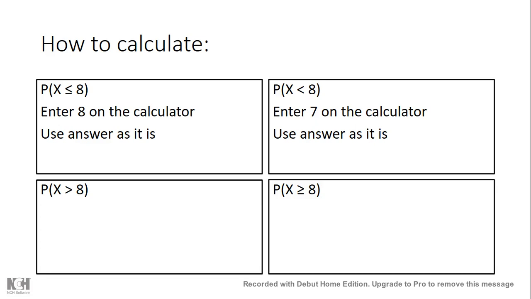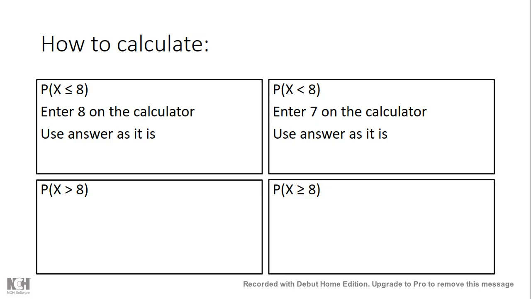Now for the two that are greater than, we're going to need to take it away from 1, okay? And what we've got to work out is what probabilities we're taking away from 1. So let's just have a quick look here. For the first one there, the 8 is either going to be included in the less than, so it's going to be less than or equal to, or it's going to be included in the more than.